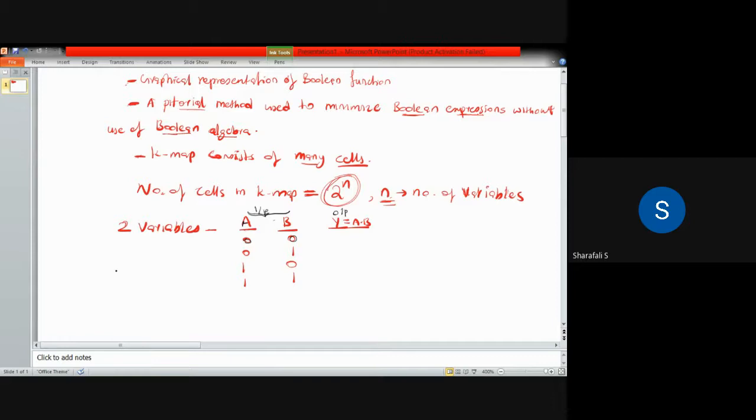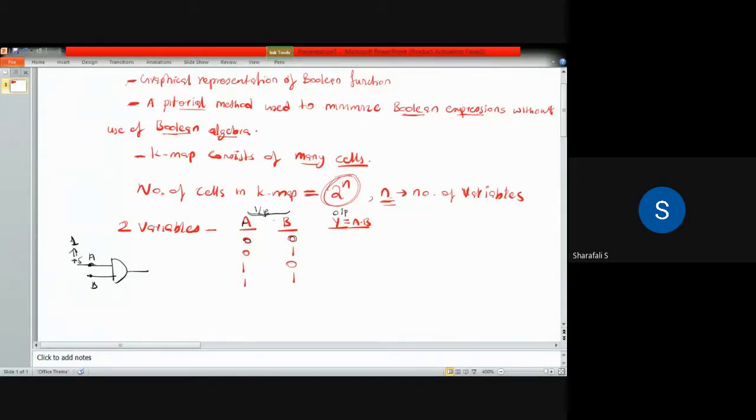So if you are using that AND gate like this, you are having A and B here. If you apply some voltage at this junction, for example +5 volt, it is in the high state. If this voltage is minimum, which is 0, then we will have 0.